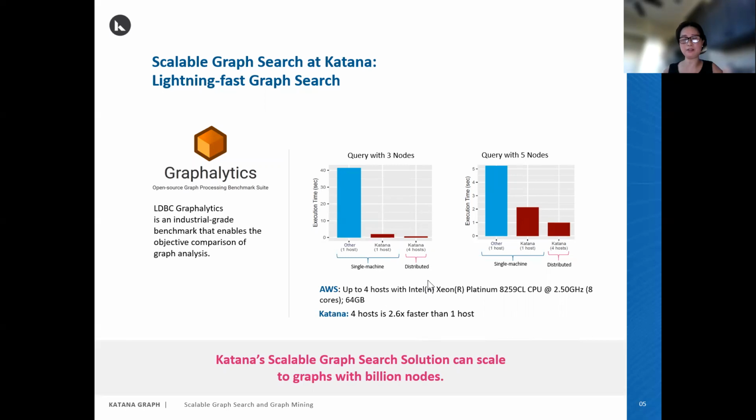Katana Graph also provides distributed solutions, which can distribute to 4 hosts or even further. Katana with 4 hosts is 2.6 times faster than 1 host. Katana's scalable graph search solution can scale to graphs with billions of nodes.